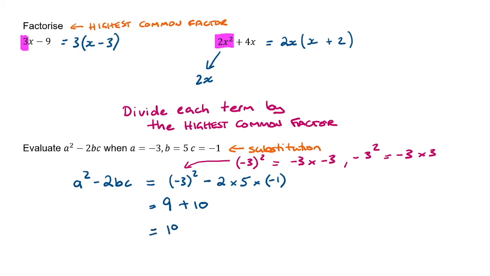Add it all in, and we're going to get 19. Alright, so here we are multiplying two negatives to get a positive.